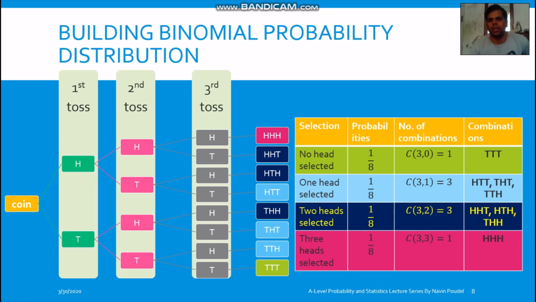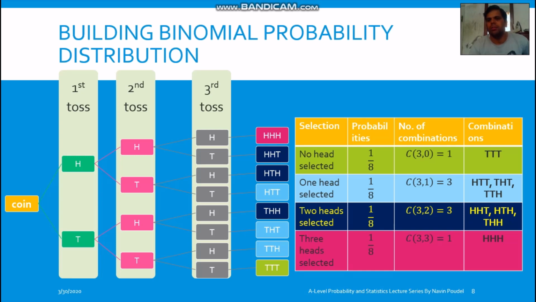Likewise, 1 head is the combination of 3 things taken 1 at a time, 2 heads is the combination of 3 things taken 2 at a time, and 3 heads is the combination of 3 things taken all at a time. So the probability of no head is 1 by 8, and 3 heads is 1 by 8.